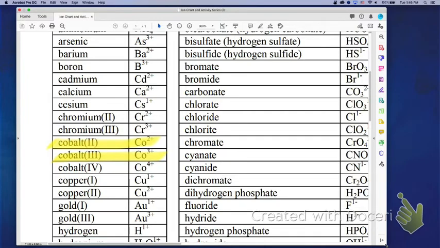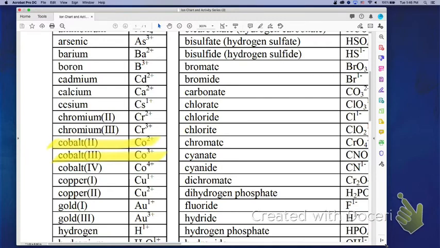Now, these particular types of ions are metals, they're cations, and several different metals can have more than one possible charge. And so we're going to talk about what we do with these special metals.